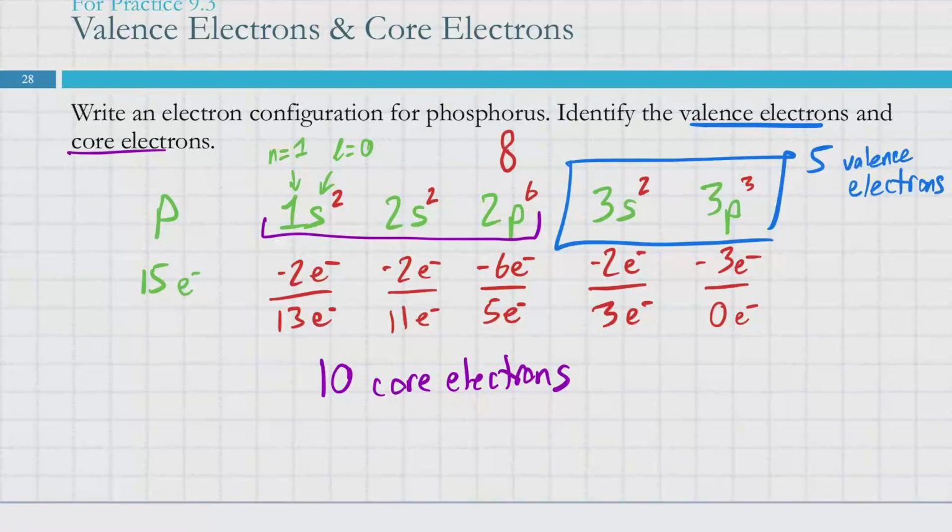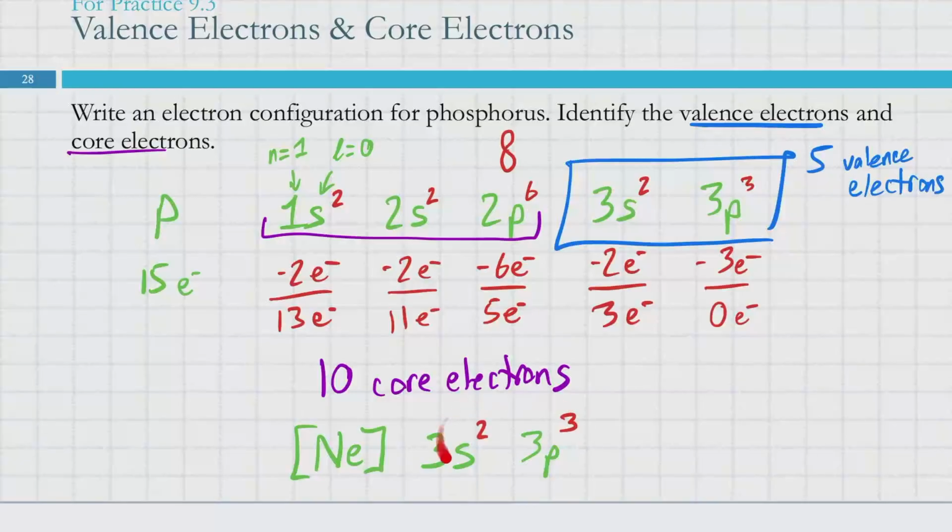If we had done the shortcut, where we take the previous noble gas and put it in brackets, then we would end up with something very similar. It would be the symbol for neon in brackets, 3s2, 3p3.